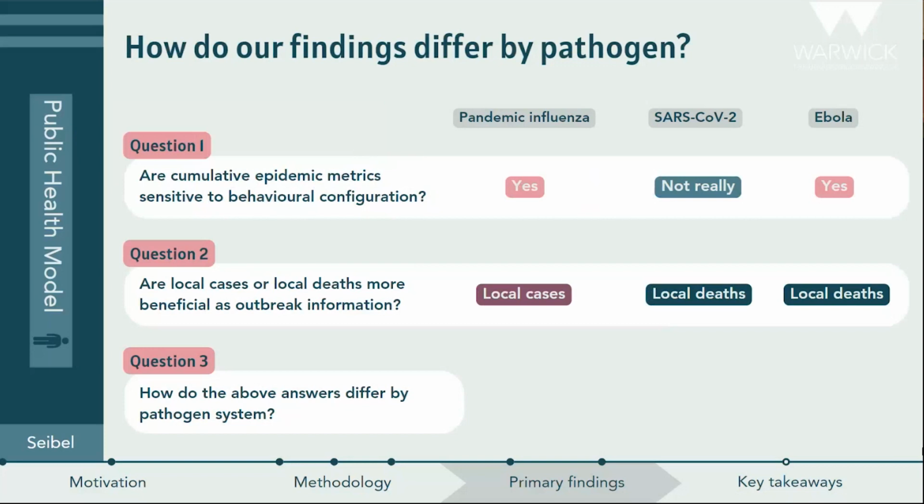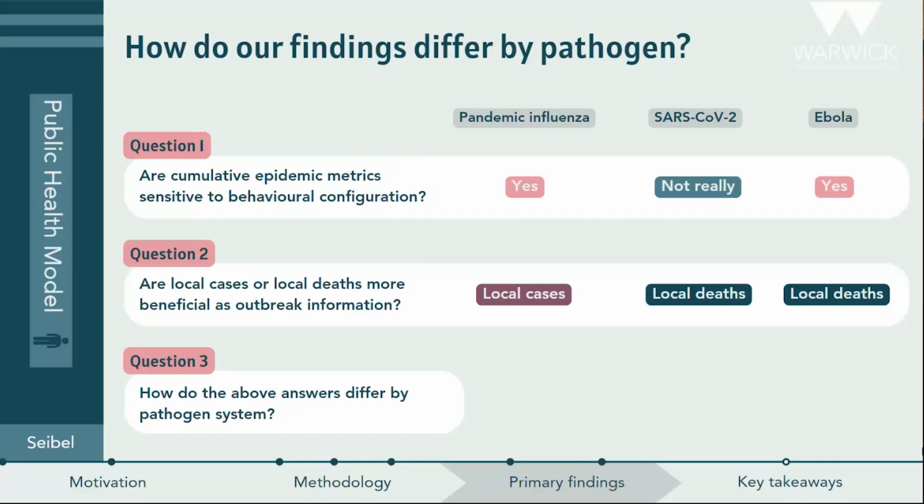Pandemic influenza was very similar to our findings from Ebola. But for SARS-CoV-2, it really didn't matter what your behavioral configuration was. It just didn't turn out well for anybody. I think that was an interesting finding, and the high R naught value probably explained a lot of that.